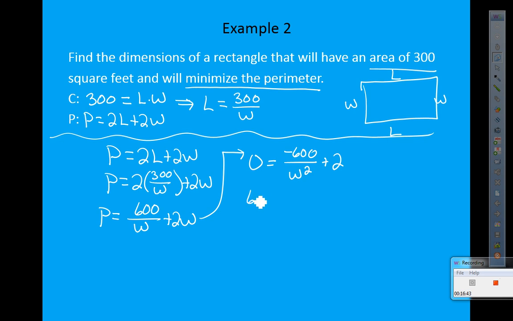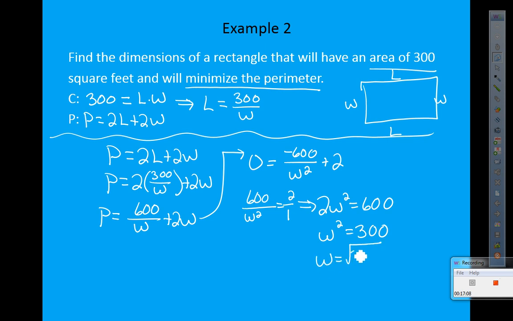I'm going to move the 600 over W squared to the other side, and then I'm going to cross multiply. So I've got 2W squared equals 600. I'm going to divide both sides by 2 and get W squared equals 300. And I'm going to square root both sides. So my width is going to be the square root of 300, or square root of 100 times square root of 3, 10 radical 3. So at this moment, I know my width.